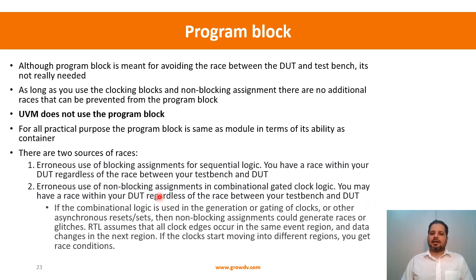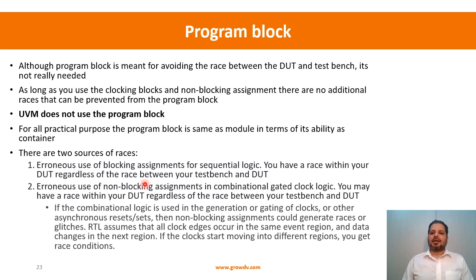Okay, and these two fundamental race conditions that we are talking about are the practical cases I'm talking about. There are many more cases, but these are the practical cases that matter every day. These two forms of race exist in the DUT, and if similar code is used within the program block, they exist within the program block as well. So it's not that you're totally cutting away from those.